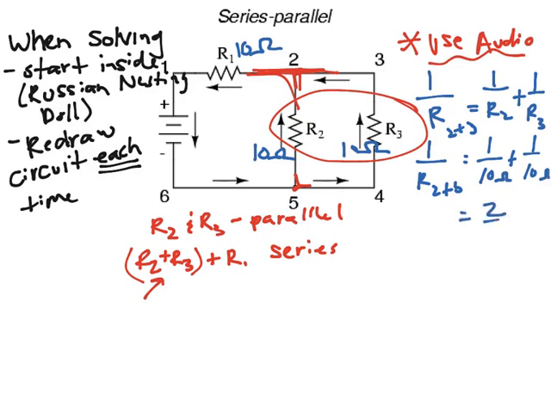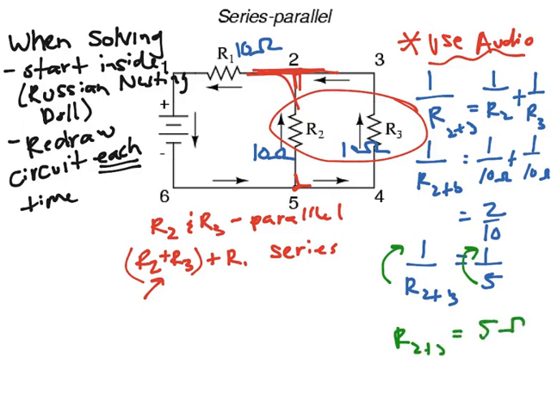That would be 2 over 10, or 2 over 5. Excuse me, that's not right. I jumped ahead of myself. It's 2 over 10, which is equal to 1 over 5. And then now just flip them both over. So now we have R2 and 3 is equal to 5 ohms.